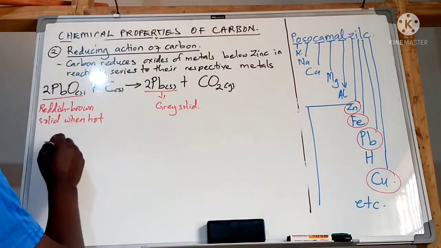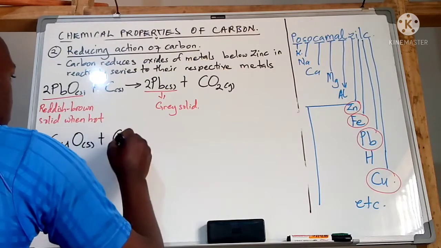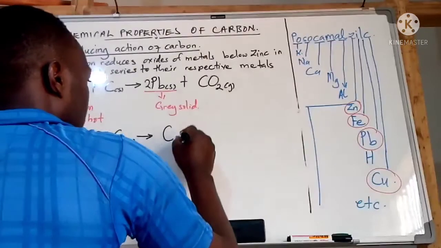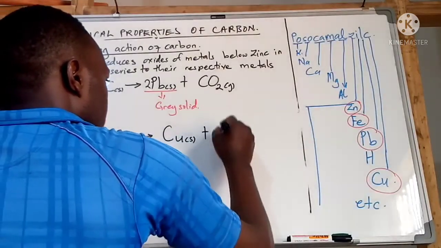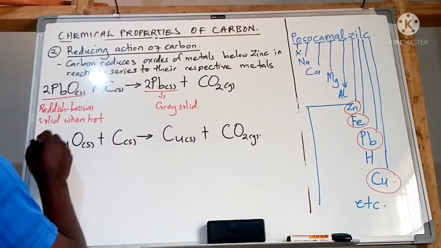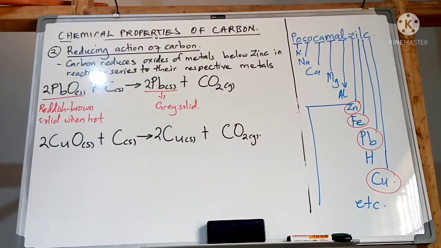If it is copper(II) oxide, which is a solid, plus carbon, which is a solid, we are going to see copper, which is a solid, plus carbon dioxide, which is a gas. Balance your equation, because unbalanced equations do not score.